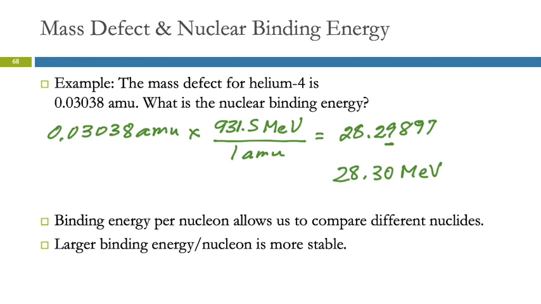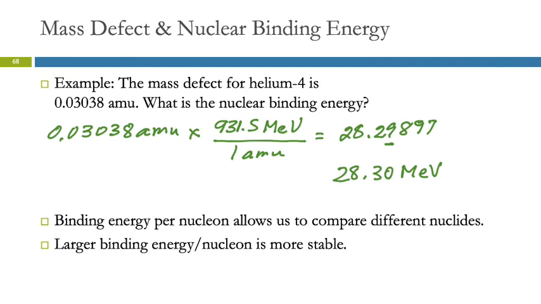So we often look at the binding energy per nucleon. What's a nucleon? Collective term for protons and neutrons. It's the particles in the nucleus, the major particles in the nucleus, because there's other things we can talk about.